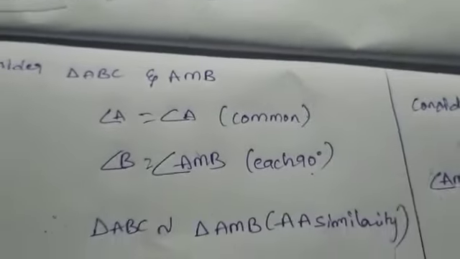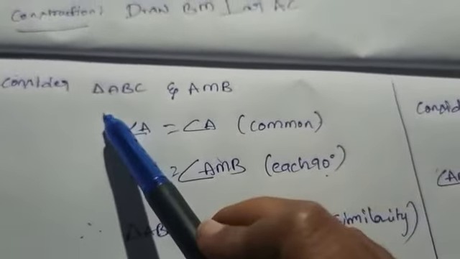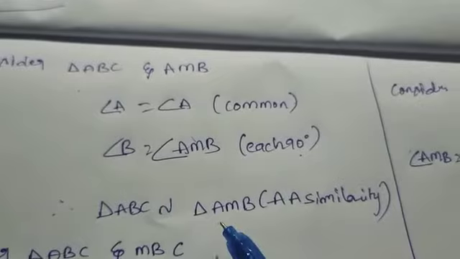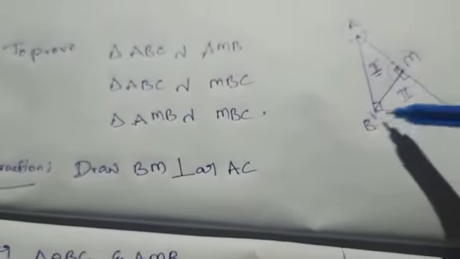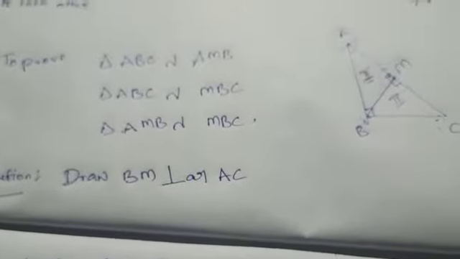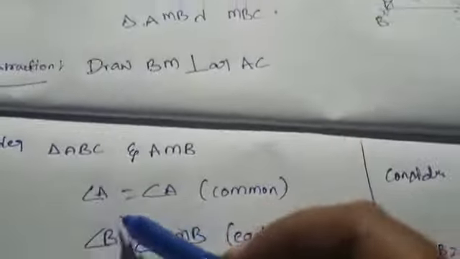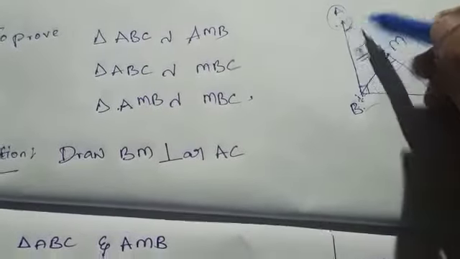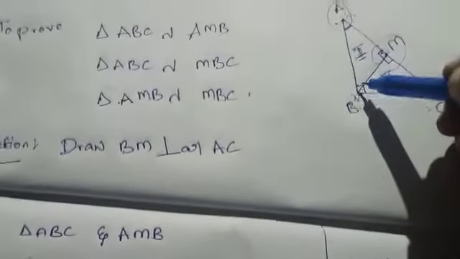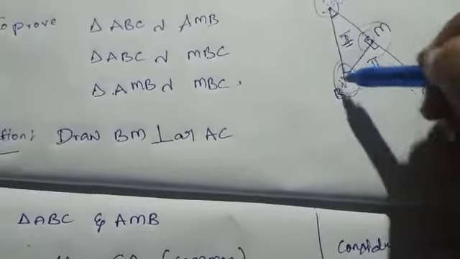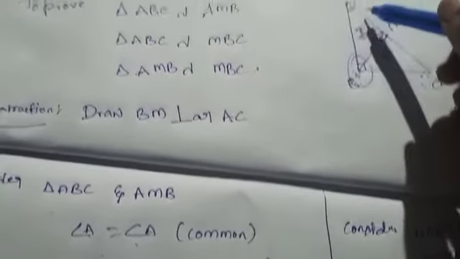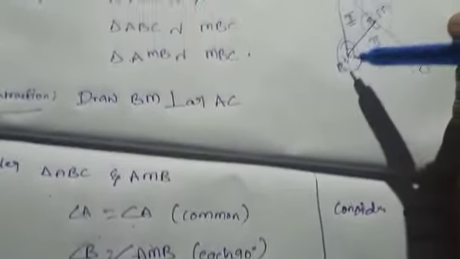Next, see the first case: triangle ABC is similar to triangle AMB. Okay, bigger triangle ABC is similar to triangle AMB. Here A is a common angle, A equal to A. Next, B equal to angle AMB.